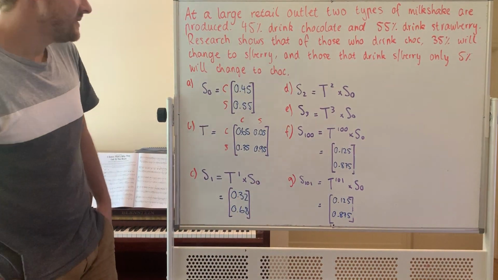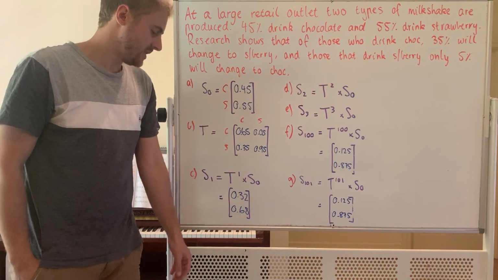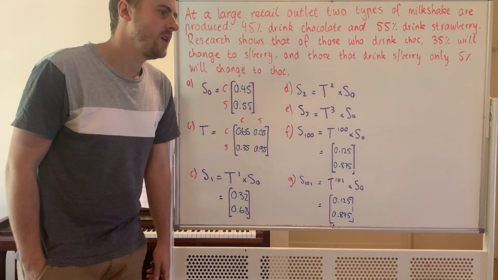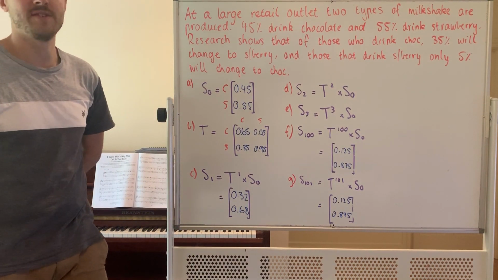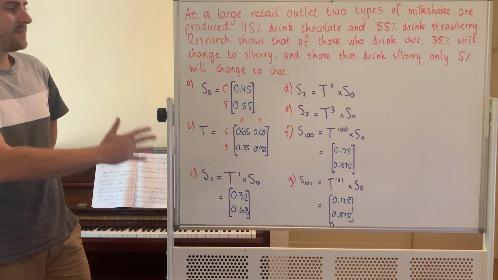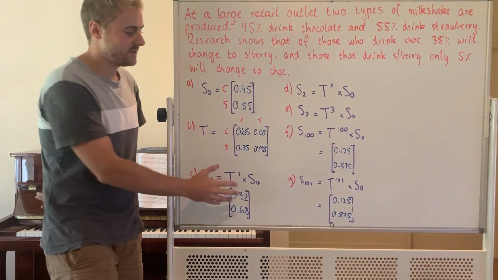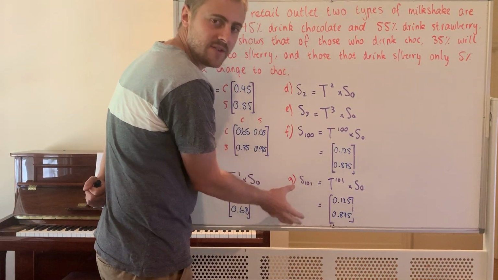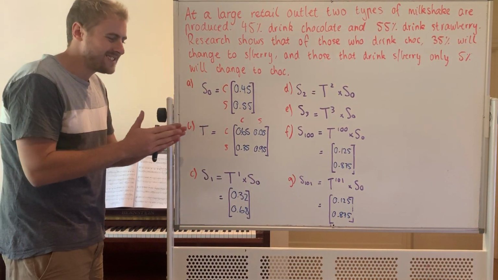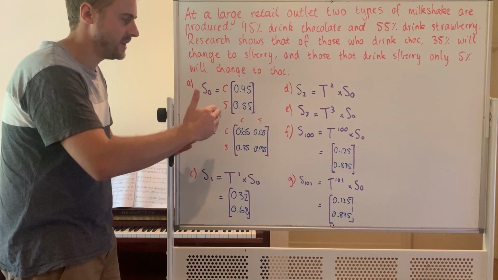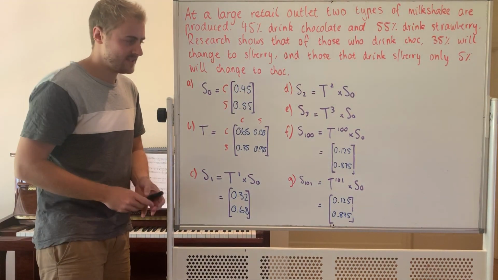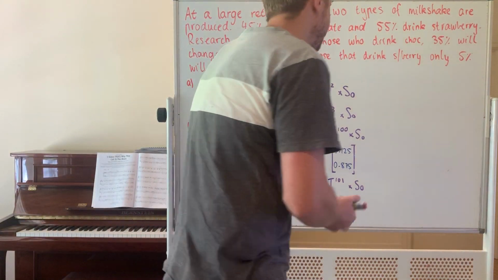What that means is, this is related to question G. Question G says the steady state matrix. What is the steady state matrix? After a certain amount of time, if you get into numbers this high, the state matrix that you get as your answer will actually not change. The changes between each number get slightly smaller and smaller, until it gets to a point where it can't change anymore. This is called the steady state matrix.